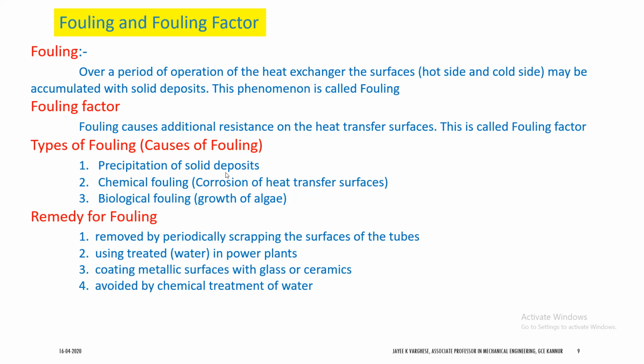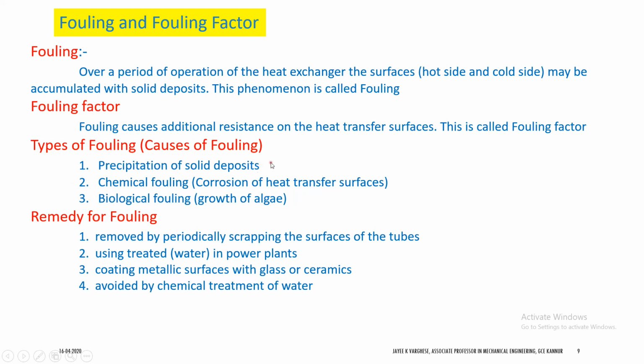And fouling can occur due to different reasons. What are the reasons for fouling, or what are the types of fouling? The answer for these two should be the same. Fouling can occur due to precipitation of solid deposits.